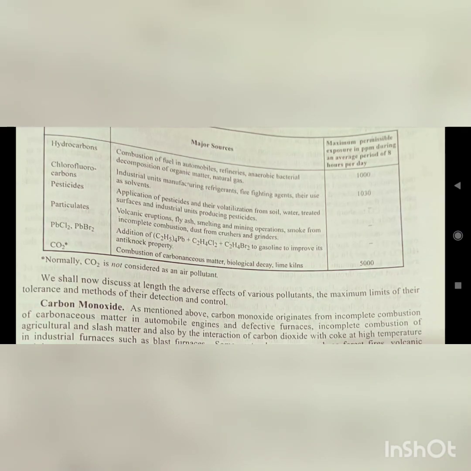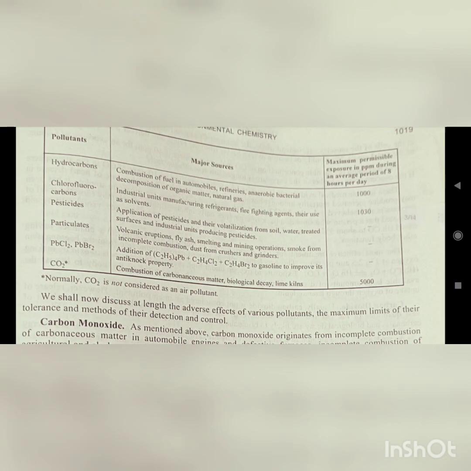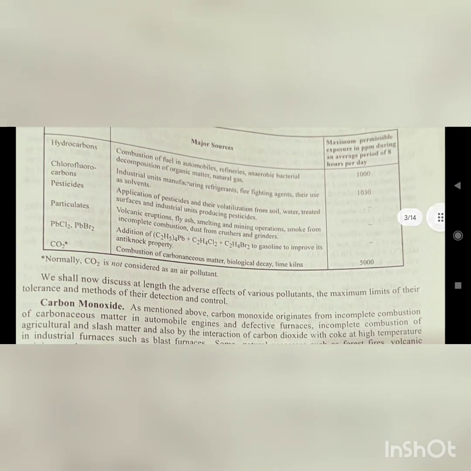Pesticide, major sources: application of pesticides and their volatilization from soil, water, treated surface and industrial units producing pesticide.